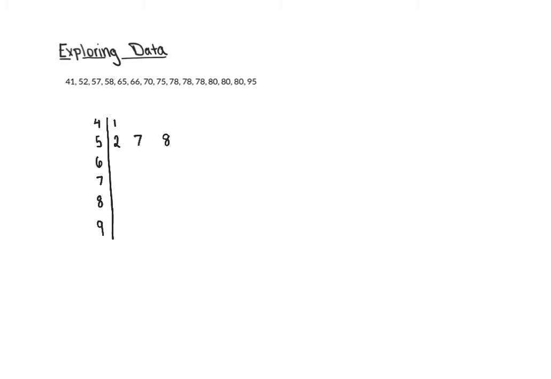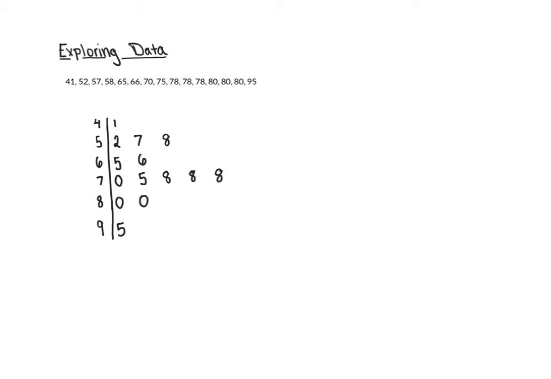Then we have 65 and 66. For 70, we'll put in a 0. 75, 78, 78, 78. If there's repeats, we'll put each value in. 80, another 80, and finally 95.